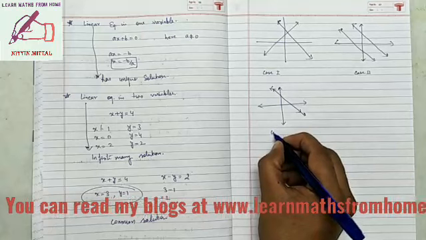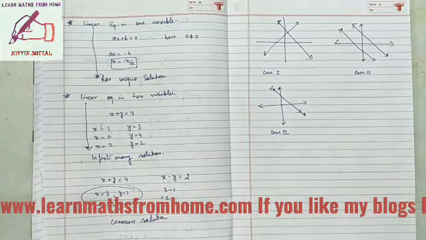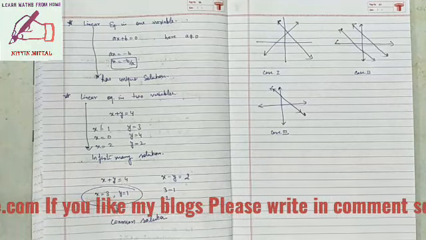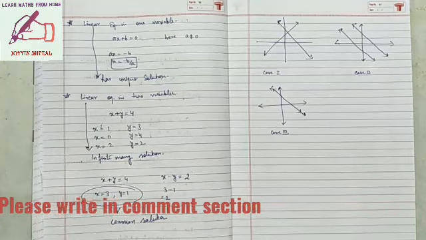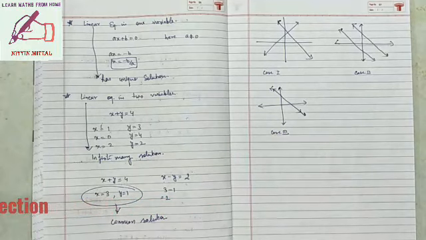This can be the third case. Is there any other case possible? Can you suggest one? Think about it. Two lines may intersect at one point, two lines may be parallel, or two lines may coincide.